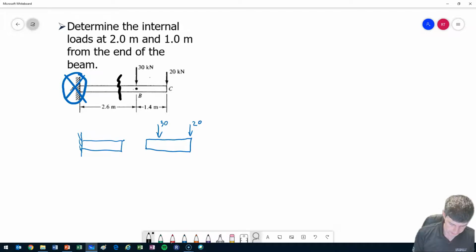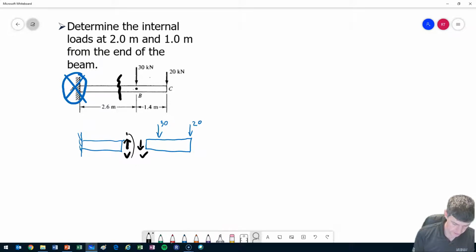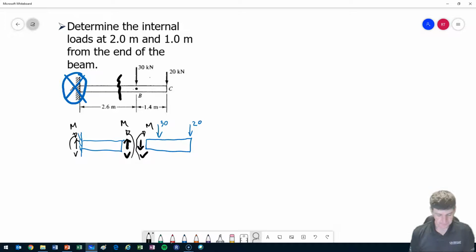And I replace at the cut with a V and an M, V down, and M, so I'll go that way, and equal and opposite in that direction. What we can see is that I don't even need to know what my reactions at the wall were, which again is another set of V and M, different than the ones at my cut.